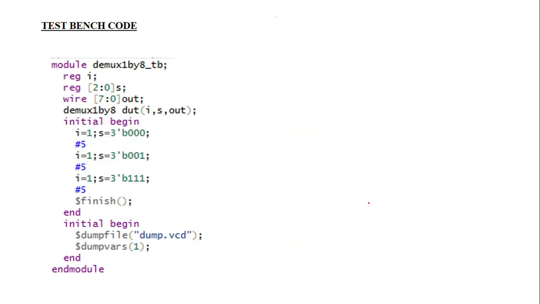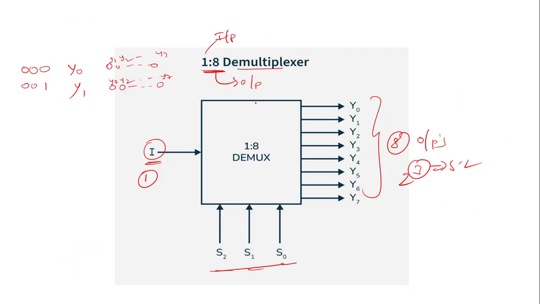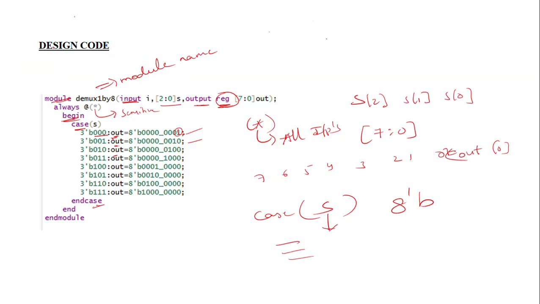What is our truth table? Whenever the select line is equal to 0, only Y0 will be our data, meaning 1. Here I represent data as 1 and non-data as 0. So you can simply represent out of 0 as 1. The remaining are all going to be 0. For every 4 digits we use an underscore for easy understanding.